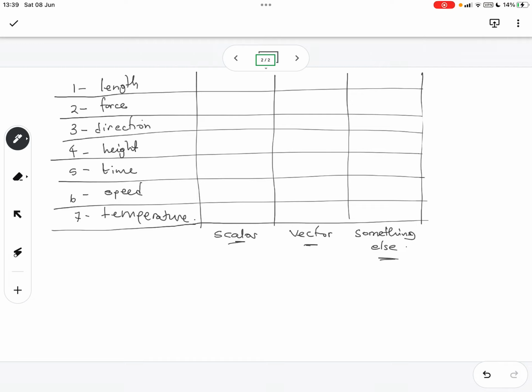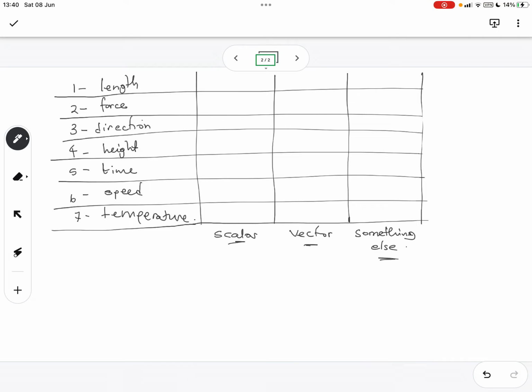Alright, cool. So what is length? It's a vector. Length is a vector. Why do you say it's a vector? Does it have magnitude and direction? The length of your foot, does it have magnitude? Yes, it does.